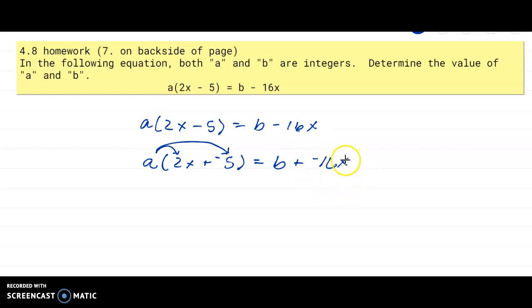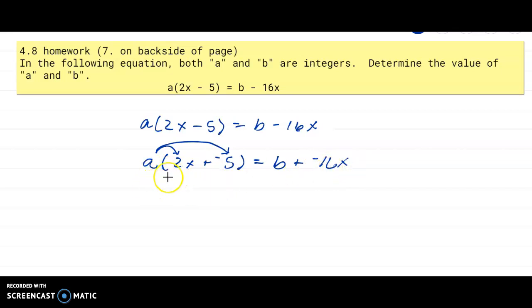And I see that I have an x term here, and then I have some other term over here. So if I multiply whatever a is by 2x, I know that it has to equal this x term here. So I'm going to ask myself, what would I multiply 2x by to get a negative 16x? 2 times what is negative 16?